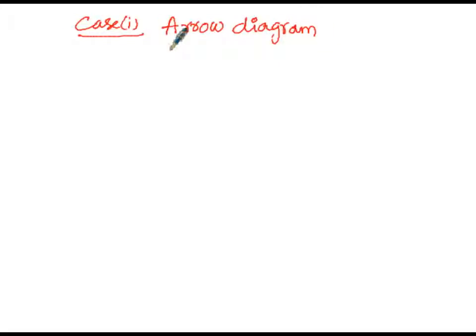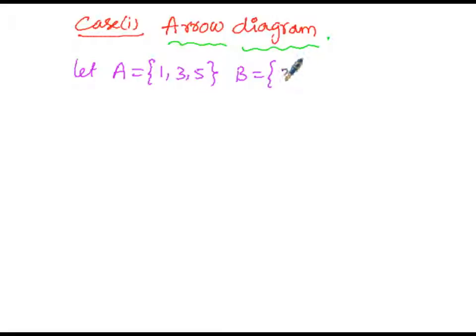So to represent by means of this method, that is arrow diagram, we are going to assume two sets. Let set A elements be 1, 3, 5, and set B elements be 2, 4.